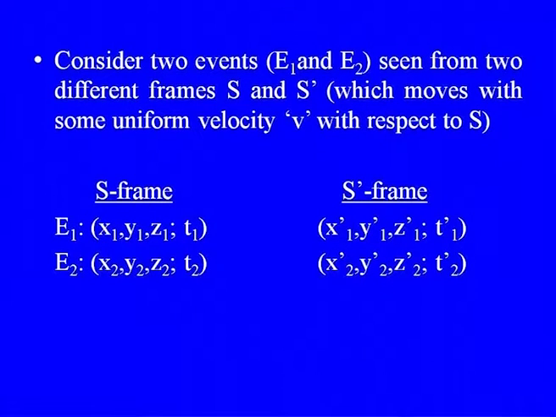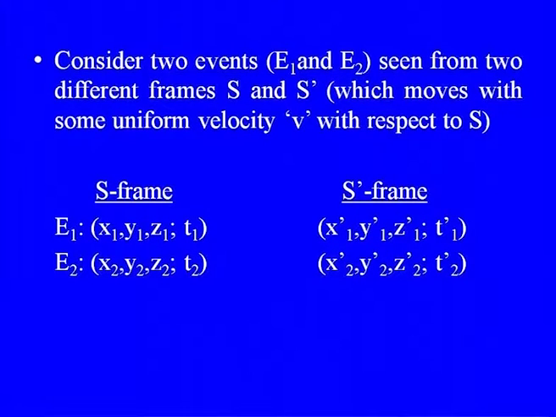And as always, we take the S prime frame to be moving with a certain uniform velocity with respect to S. If the space-time coordinates of these two events in the S frame are x1, y1, z1, and t1, so that's measured at t1, and then the second event occurs at position x2, y2, z2, and at time t2.